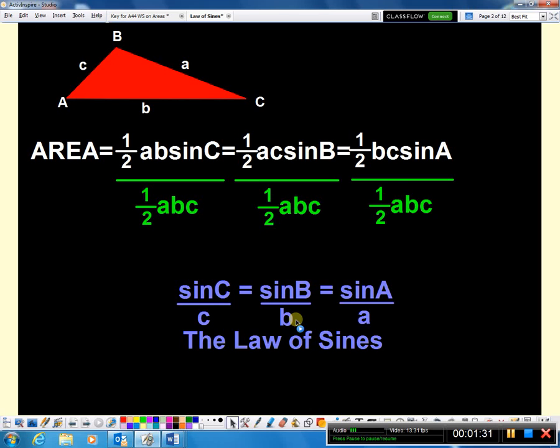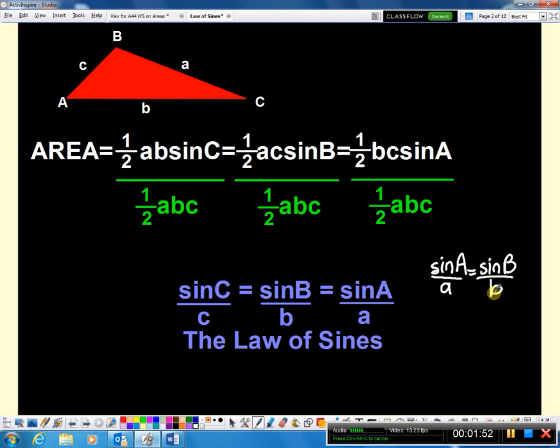You're going to use any two of the three parts, and you can also turn it upside down. For instance, I might say I'm going to use sine A over a equals sine B over b, only because of what I've got in my triangle to use.